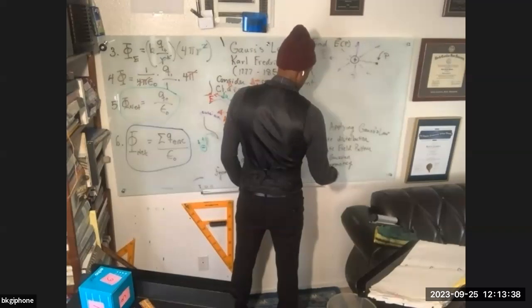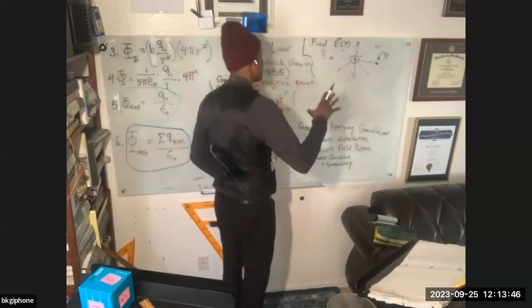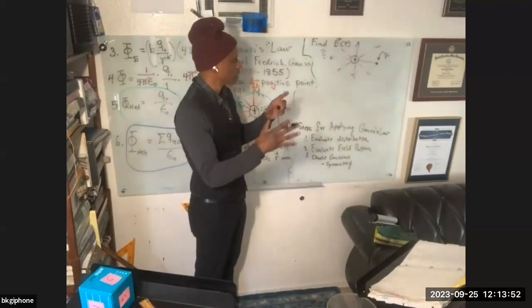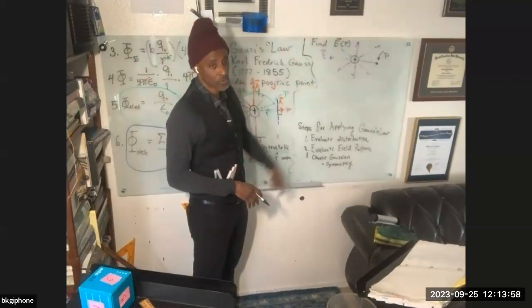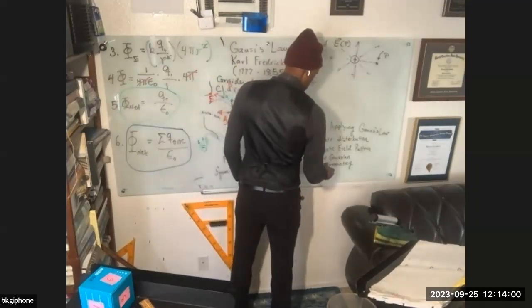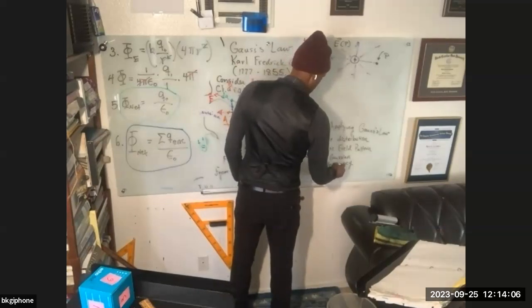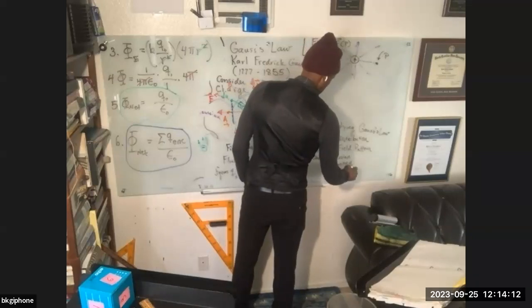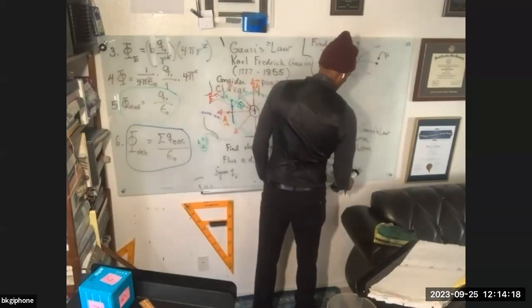So symmetry, centering, and you want to make sure that you choose the Gaussian and position it in such a way that, if you can, the electric field is constant over the surface. So E constant over surface.